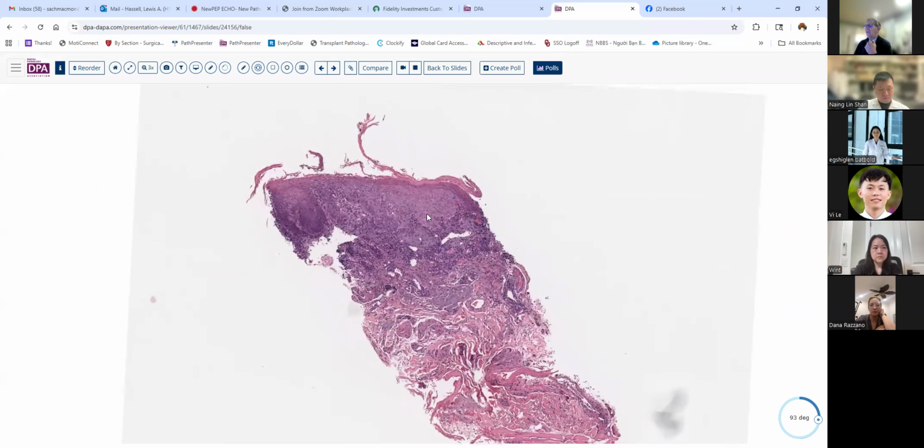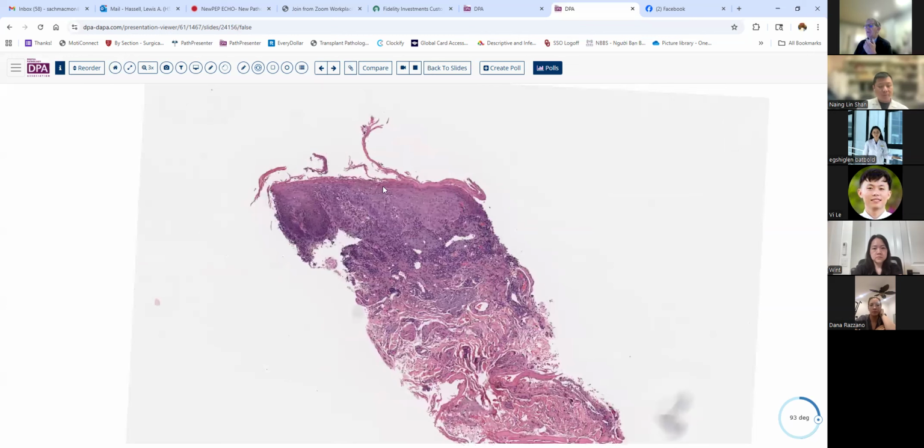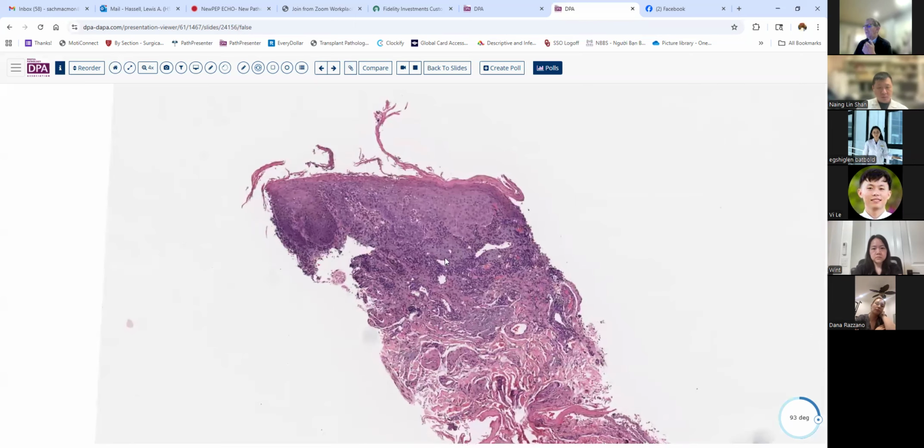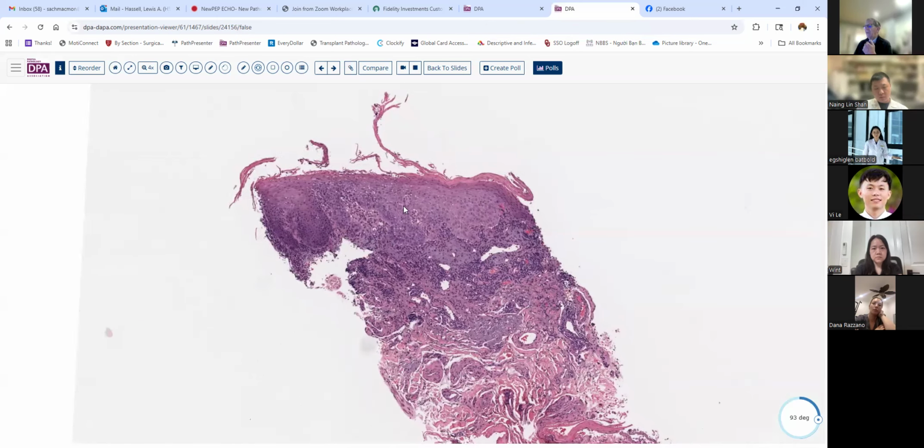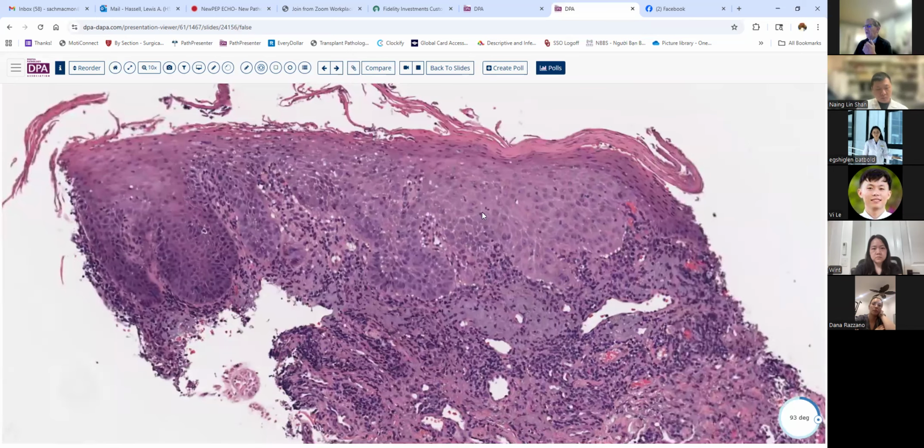So as we look at this case, I think you can see there's not much of a cornified layer. There's not a horny layer here or anything like that. But we do see a fair bit of inflammation, and I think you can probably begin to make out that we have a degree of cell enlargement.